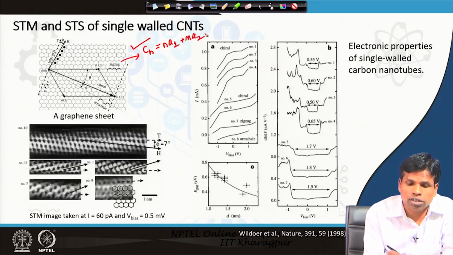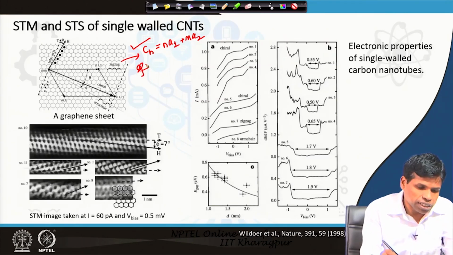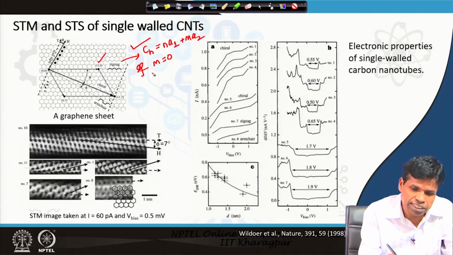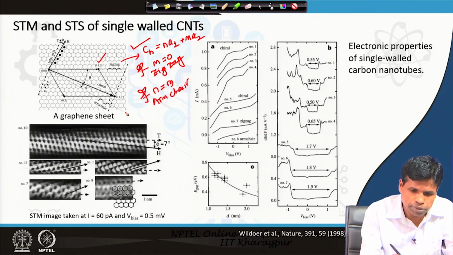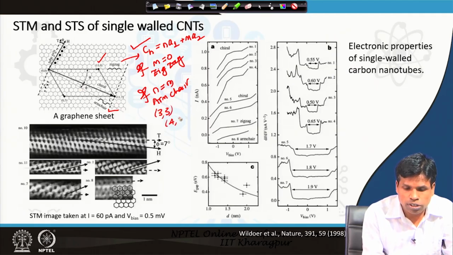A1 and A2 are vectors, and n and m are integers. If m is 0, as you see here, it is a zigzag nanotube, and if n is equal to m, then it is an armchair nanotube. Armchair tubes are like (3,3), (4,4), or (5,5).